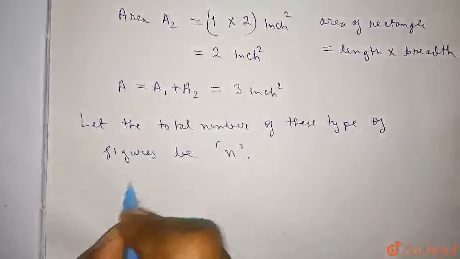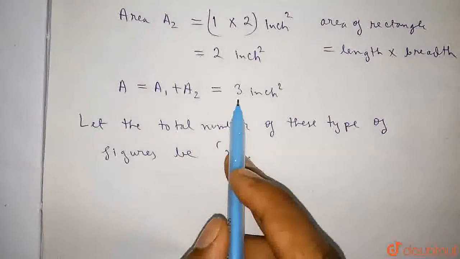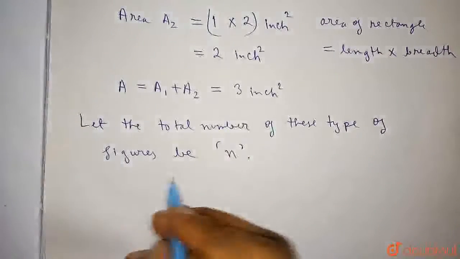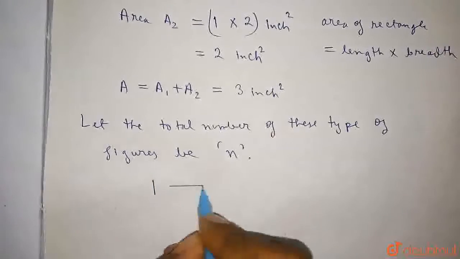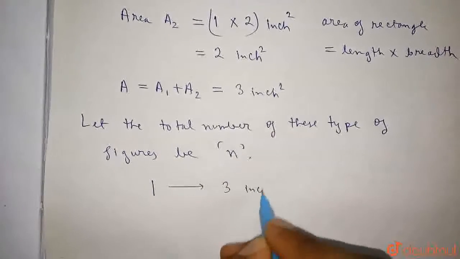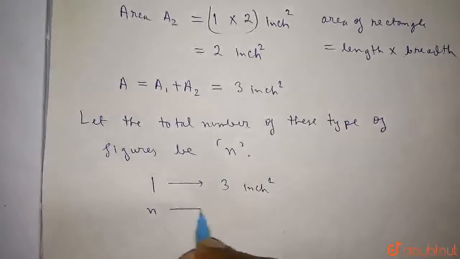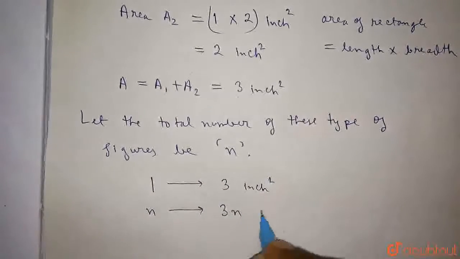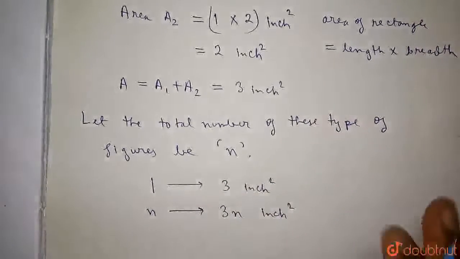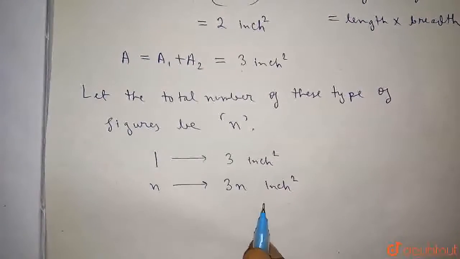If one of these figures has an area of 3 inches square, then n of these figures will have 3n inches square of area, and this 3n inches square of area should be covered.